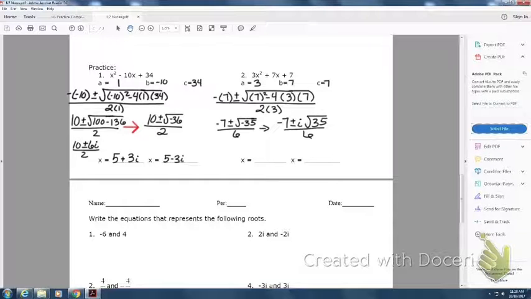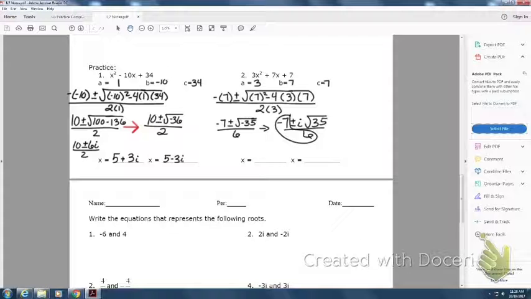Can I simplify the square root of 35? No. I start off with the largest perfect square below that, which is 25. Can't do that, can't do 16, can't do 9, can't do 4. So if I can't divide it by a perfect square, I cannot simplify it. After that, negative 7 divided by 6. Can I reduce that fraction?